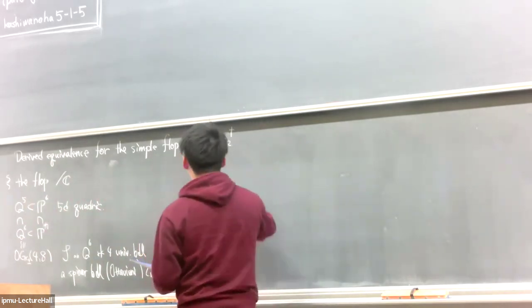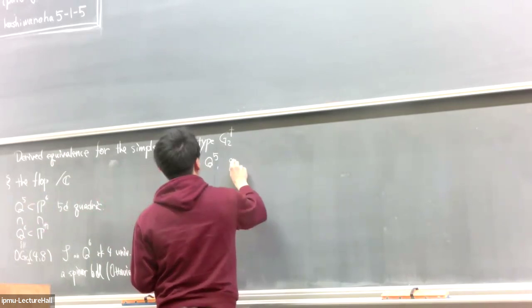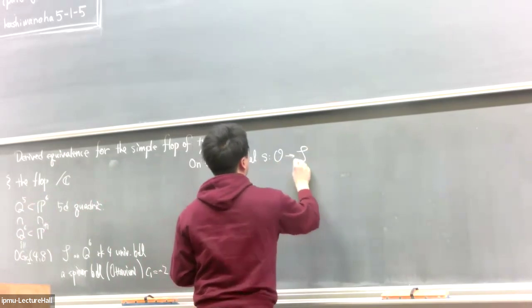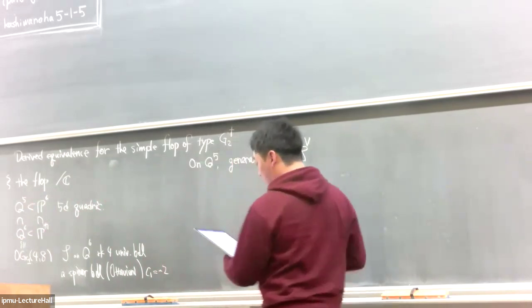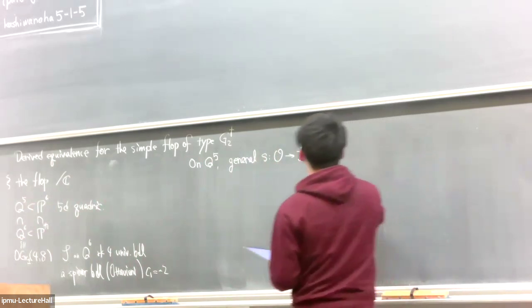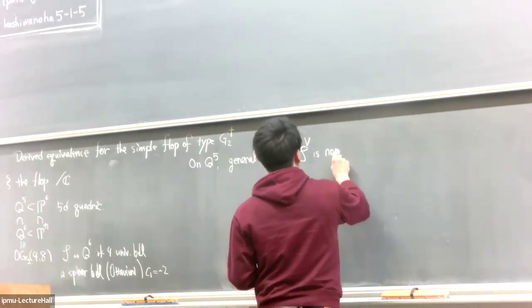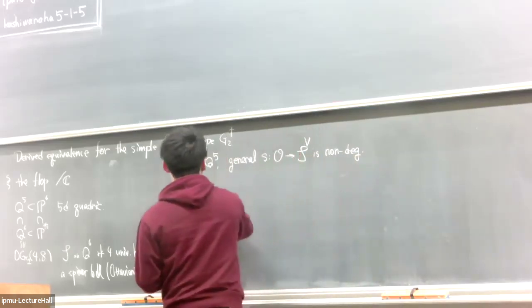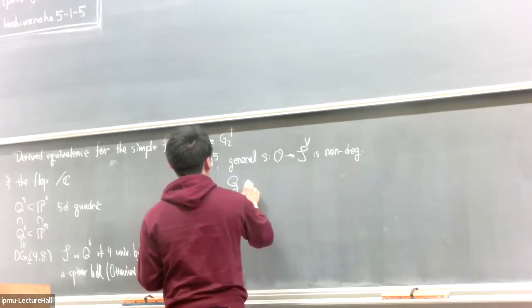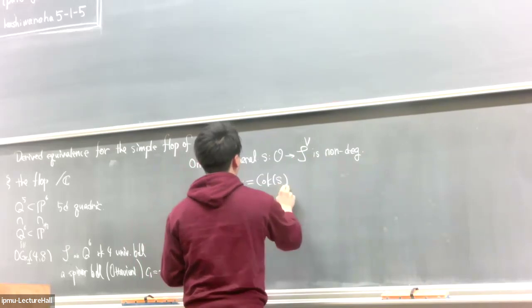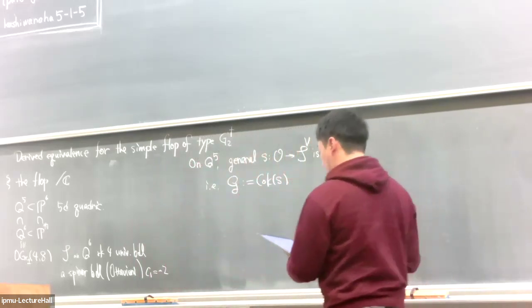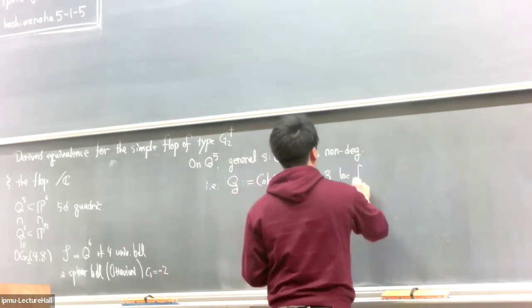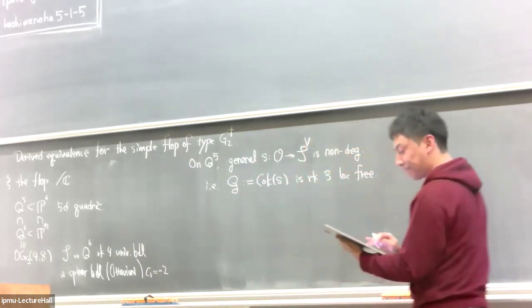A general section of the spinor bundle is non-degenerate, which means the cokernel of this section is a rank 3 non-degenerate bundle.